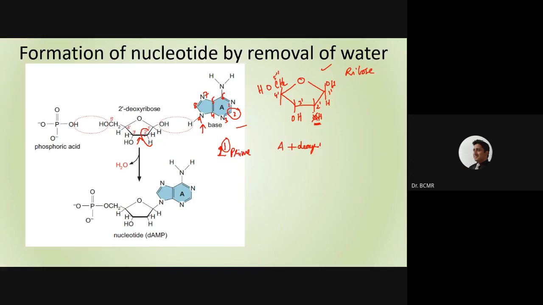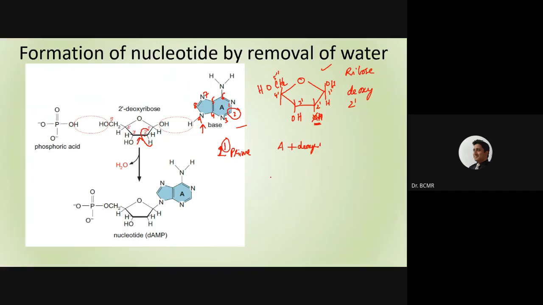What you have here is just H. That's why we call it deoxy. We are removing one oxygen atom, and we are removing that oxygen atom from the 2 prime carbon, or the OH attached to the 2 prime carbon. I hope you will be able to remember that.